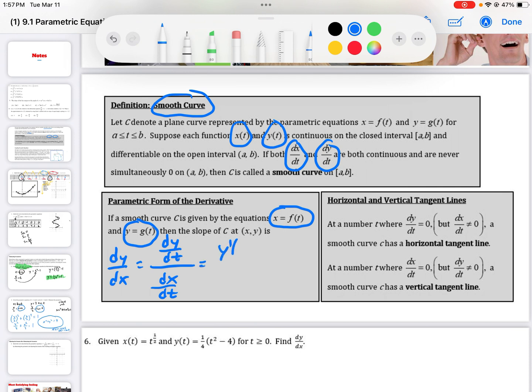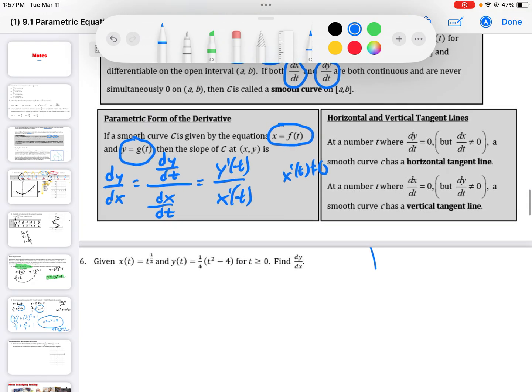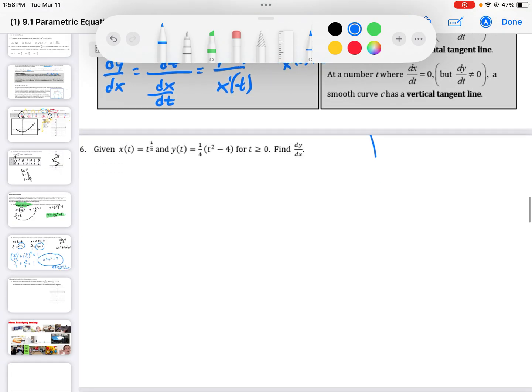Another way to write that would be y prime of t over x prime of t, as long as x prime of t is not zero. The bottom can't be zero, it'd be undefined. So to find the derivative in parametric form, find the derivative of the y and divide it by the derivative of the x. It's pretty straightforward. We'll come back to the horizontal and vertical tangent lines in a sec.